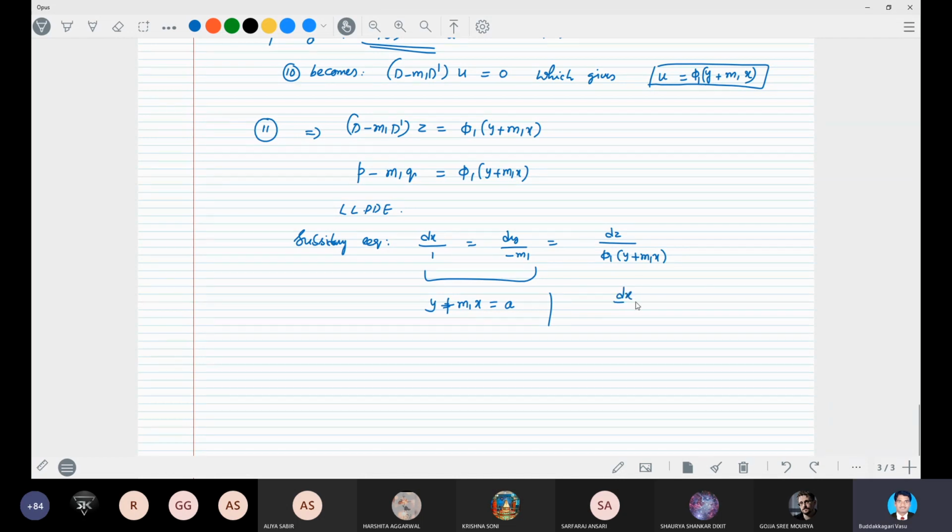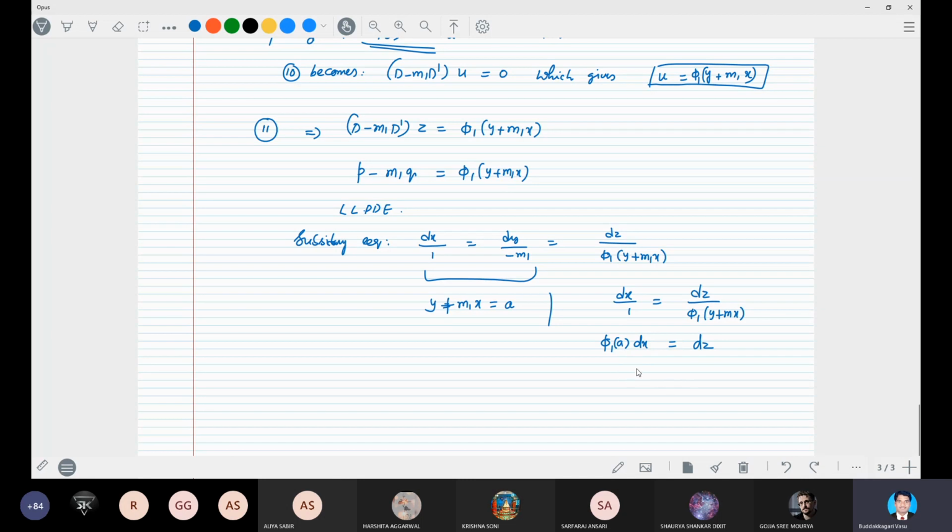dx by 1 is equal to dz by phi 1 of y plus m1x. That is, we solve it, because from this combination we got y plus m1x is equal to a. This part will be a. So therefore phi 1 of a into dx is equal to dz.